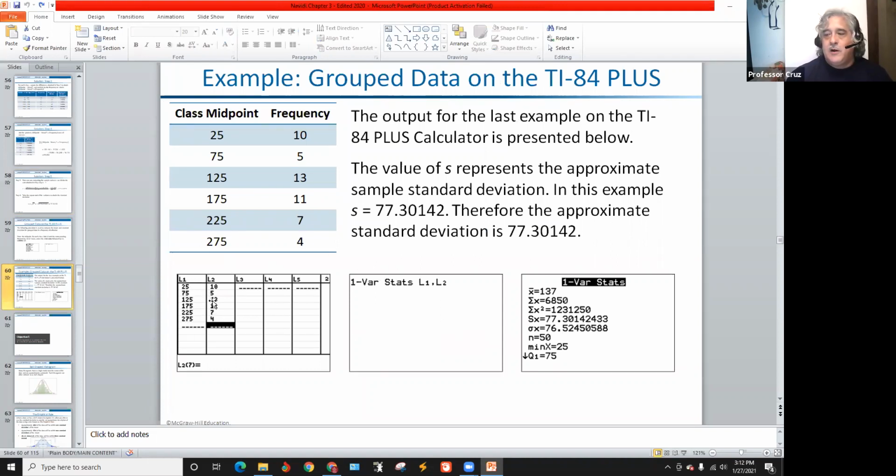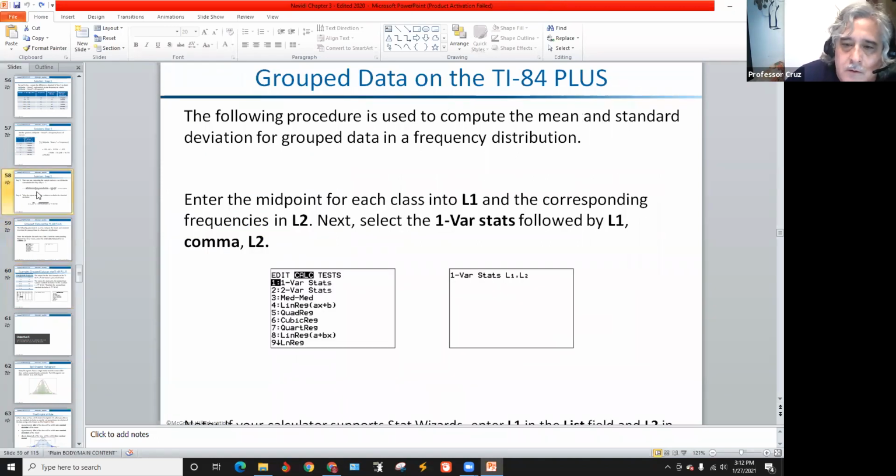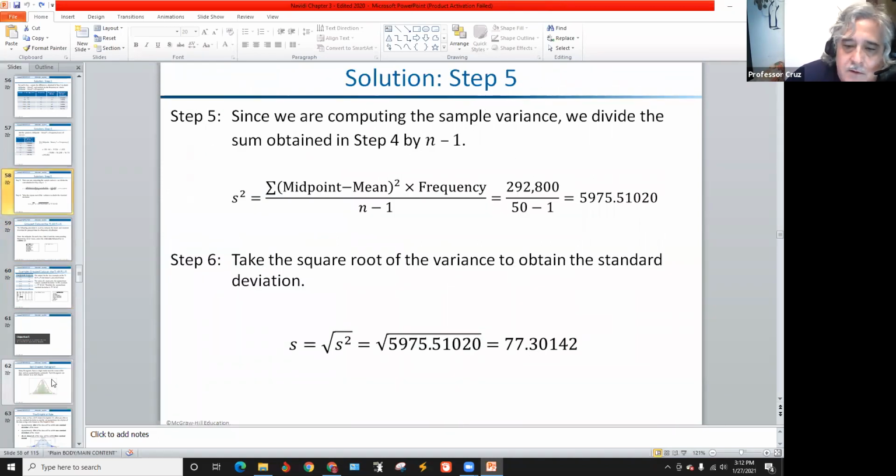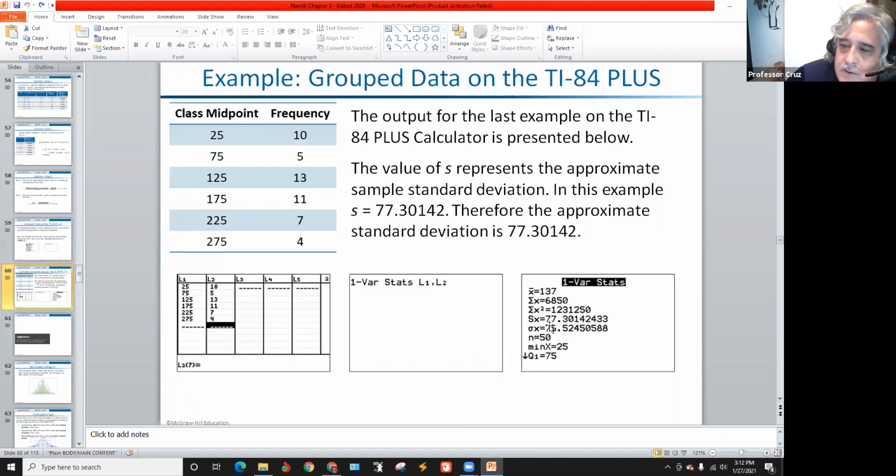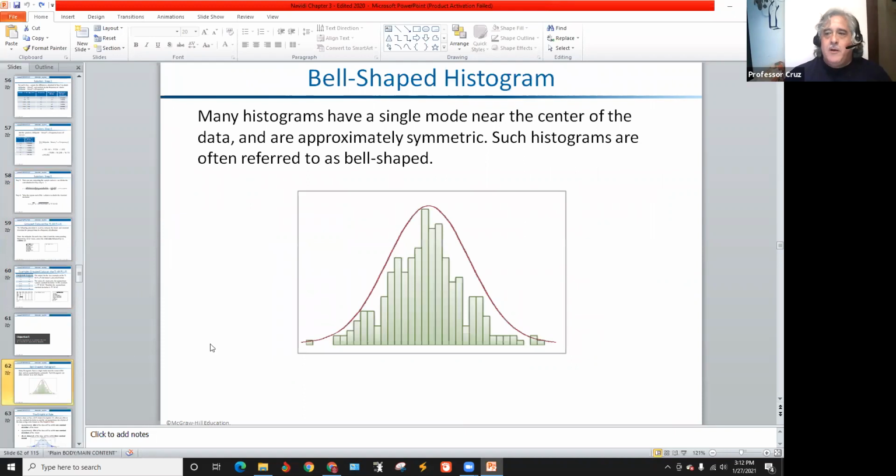But you can put the 2 columns in and it'll calculate the mean and standard deviation. Well, let's calculate everything for you. You just got to remember it was a sample standard deviation. 77.3. See that? 77.3.